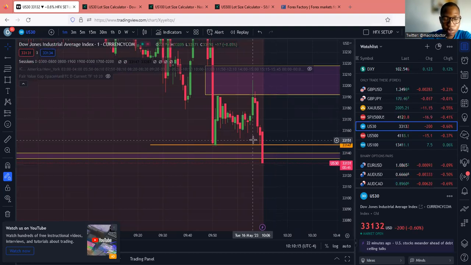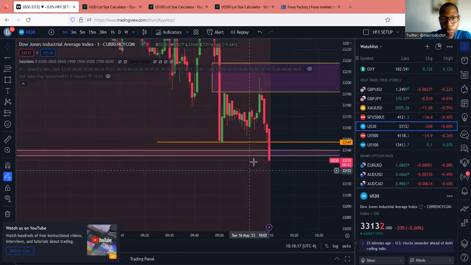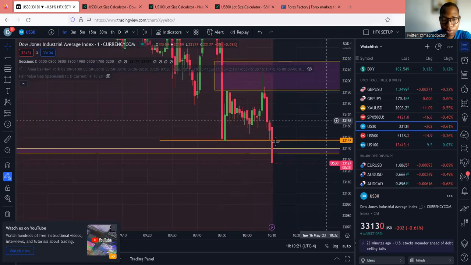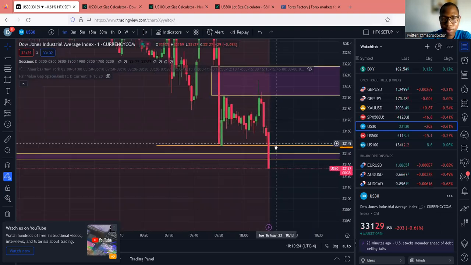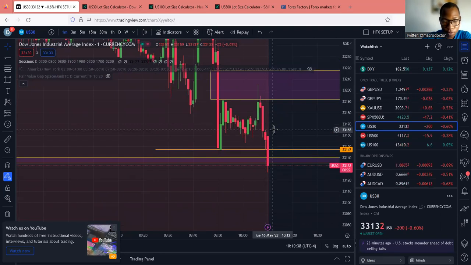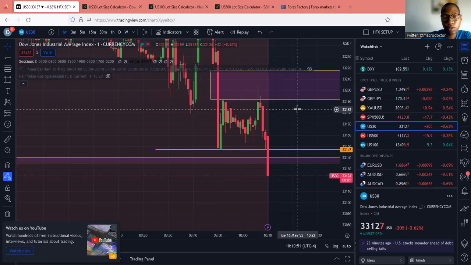Price is just doing its thing right now, to be honest. Price is just swimming, swimming. Let's hope it gives an entry. Hopefully it gives an entry.